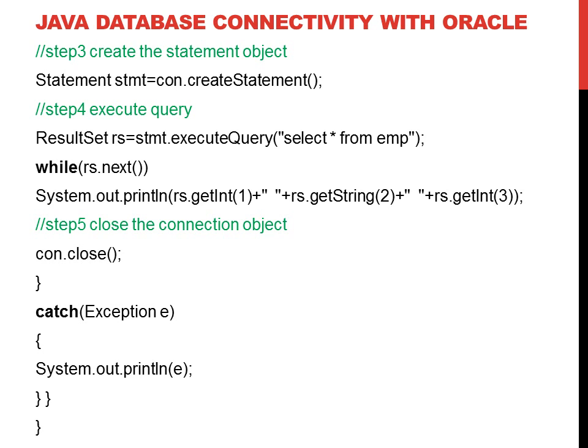When rs dot next becomes false, there is no other row to process, so we exit the loop and close the connection object. It would also be good to explicitly call rs dot close as well as stmt dot close. First close the result set object, then the statement object, and finally the connection object.